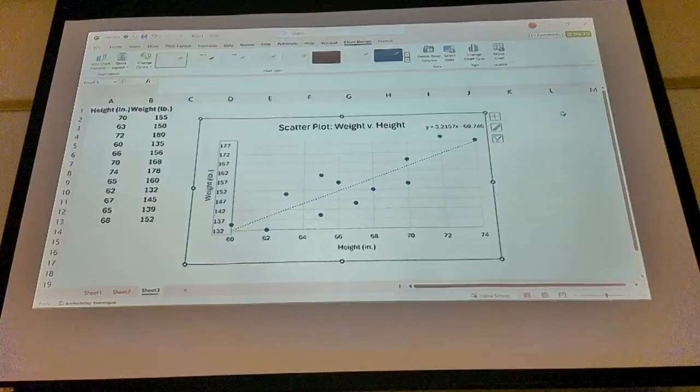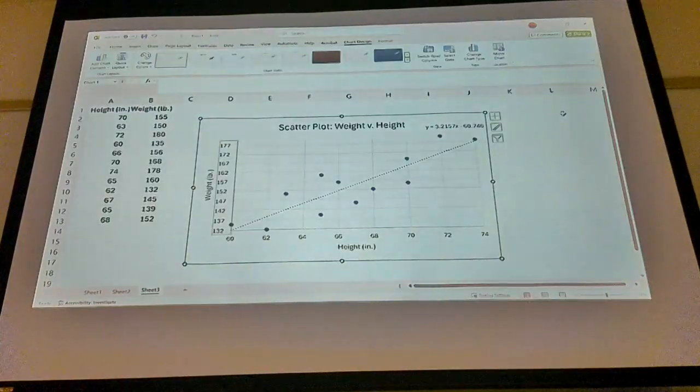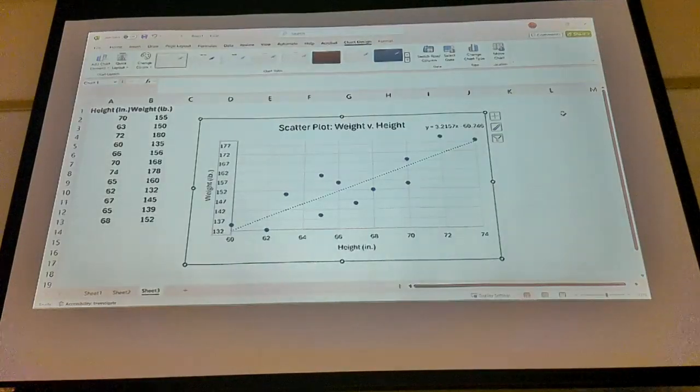You saw all the data. You could still say maybe there was a linear correlation.